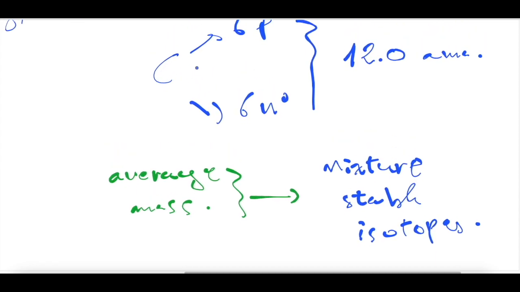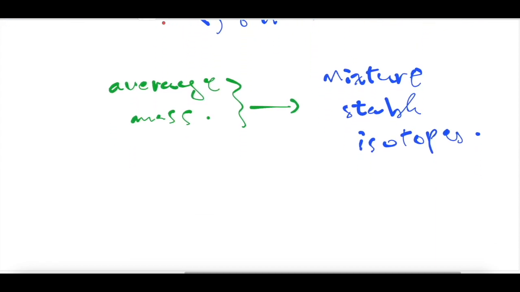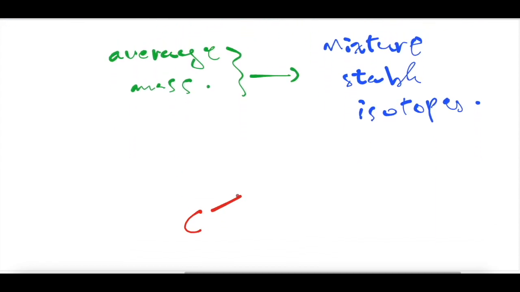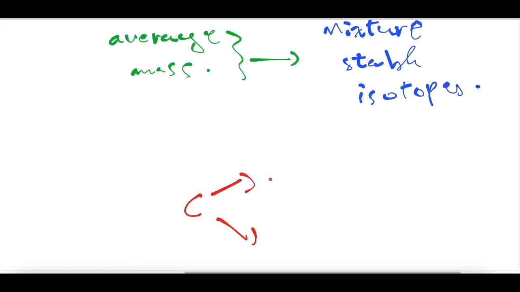For example, carbon has 2 stable isotopes, C12 and C13.